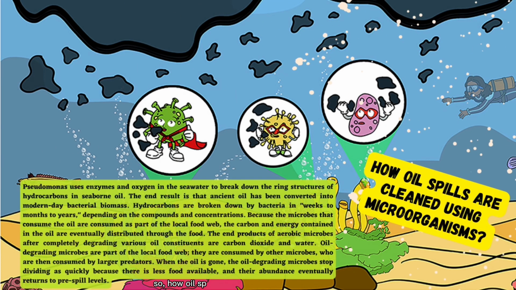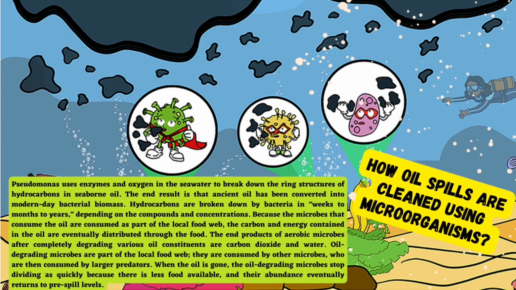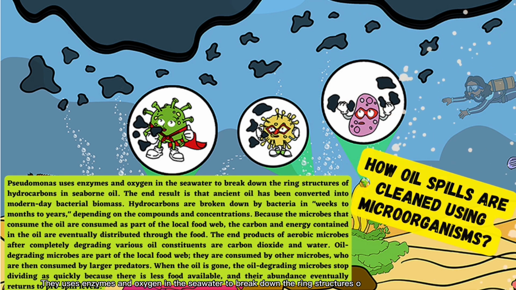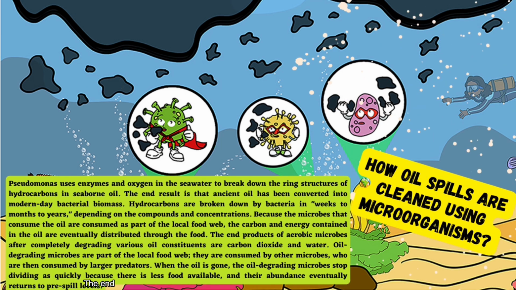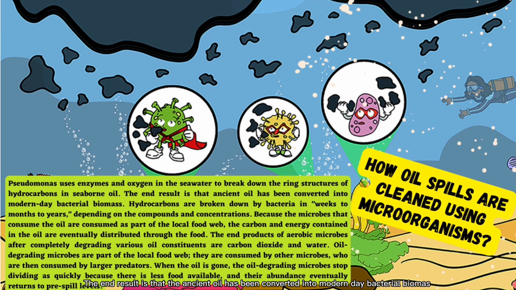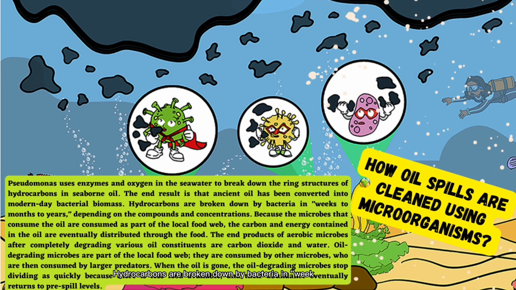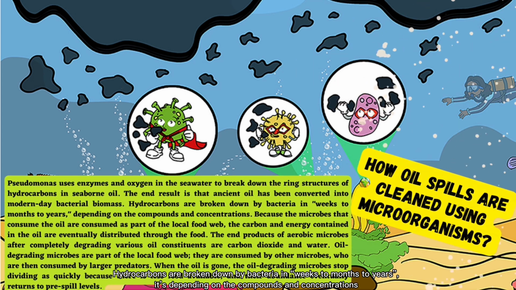So, how are oil spills cleaned by using microorganisms? They use enzymes and oxygen in the seawater to break down the ring structures of hydrocarbons in seaborne oil. The end result is that ancient oil has been converted into modern-day bacterial biomass. Hydrocarbons are broken down by bacteria in weeks to months to years, depending on the compounds and concentration.